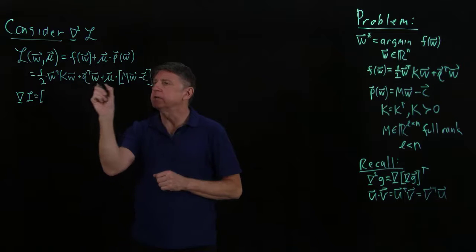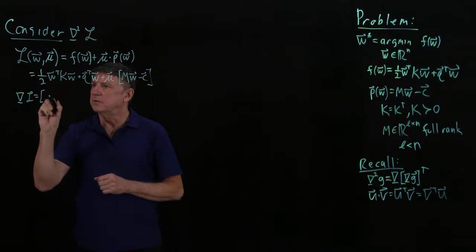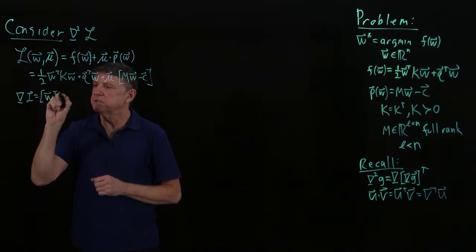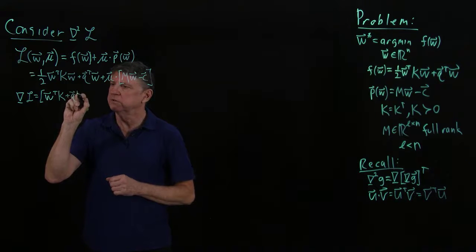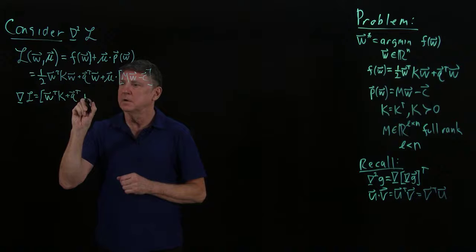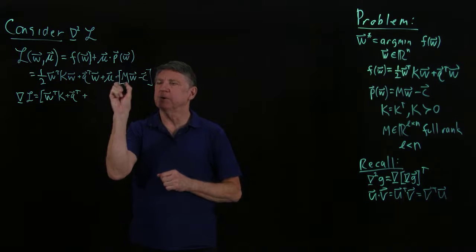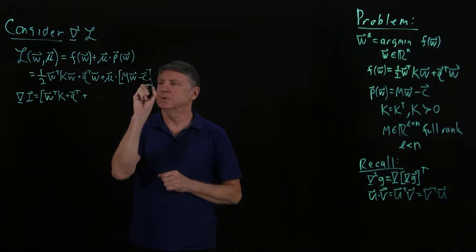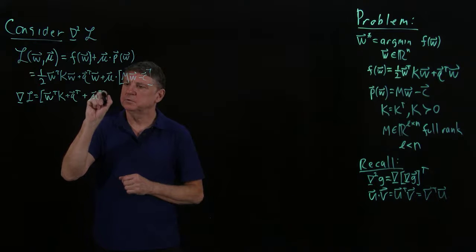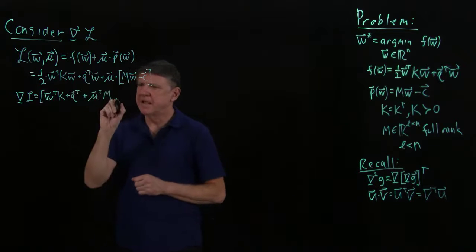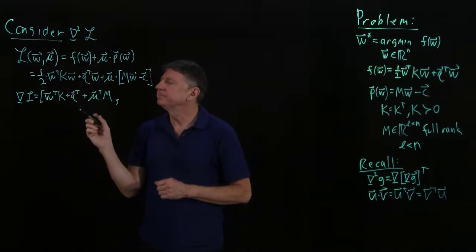If I differentiate with respect to the argument, that works out to be W transpose K plus the linear term in the objective, plus mu transpose times M. And let's put a comma so that we indicate where we're stopping.